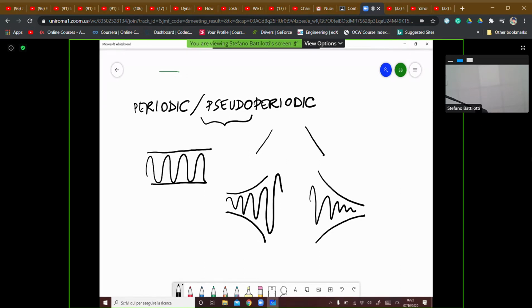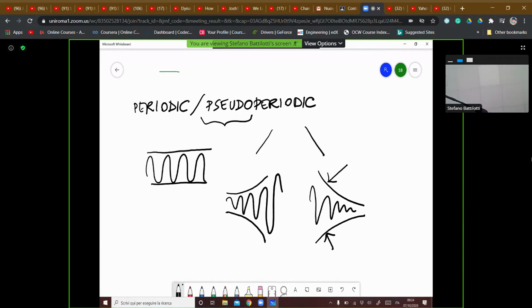So you see, you have periodic functions like sinus or cosinus modulated, this is the modulation, in amplitude by basically exponential function. So the modulation is always of the exponential form.